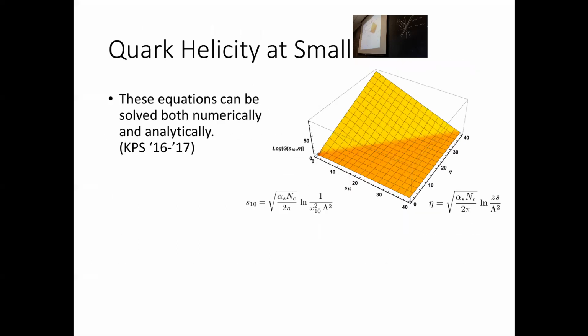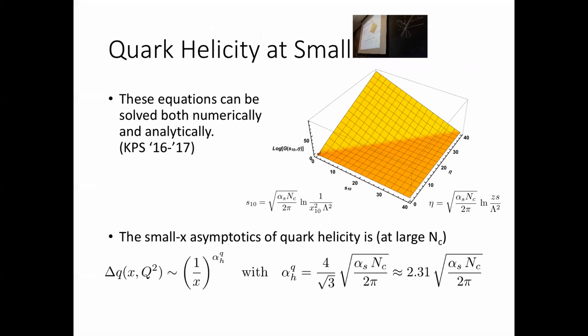This is a plot of G as a function of something related to the transverse size of the dipole, and eta is really like log 1 over x. So high energy is this way, and dipole size varies here. We solved these equations and found G numerically. And then we realized that this is really just a plane, a flat triangle, so there is scaling in the problem.